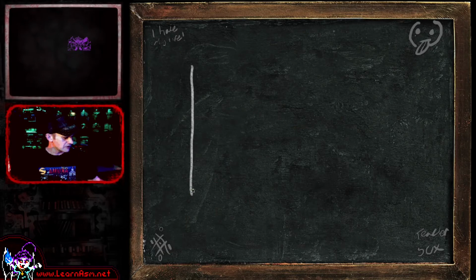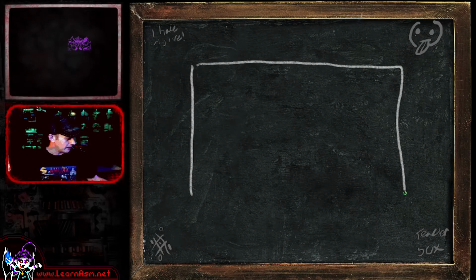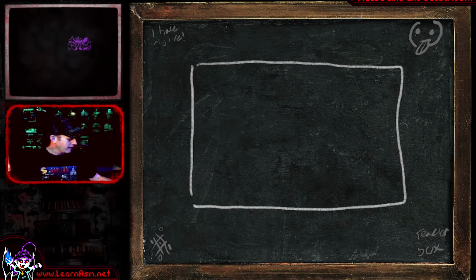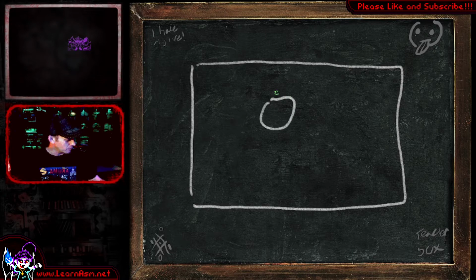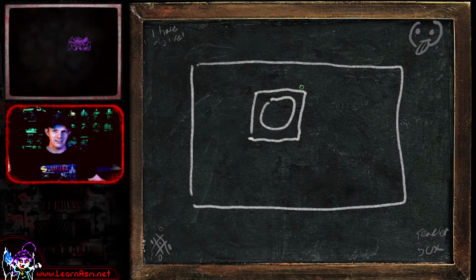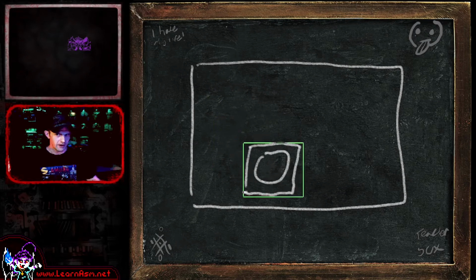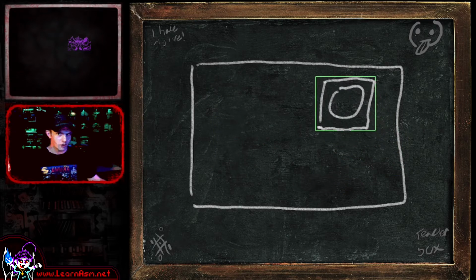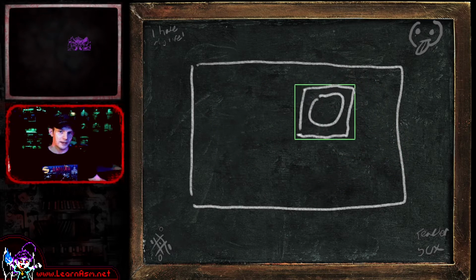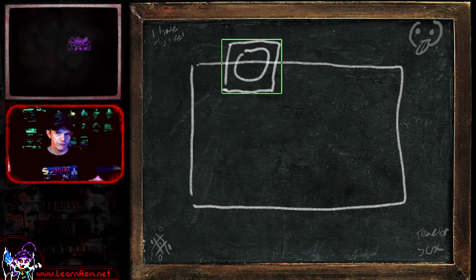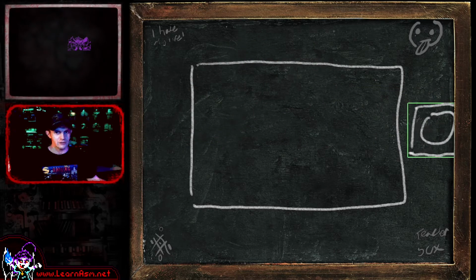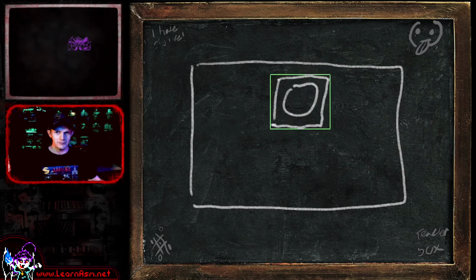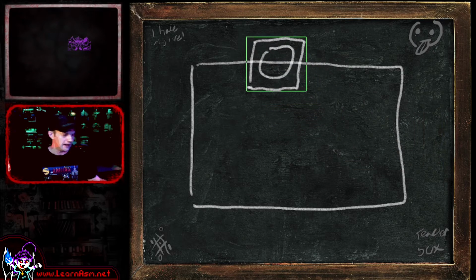If we imagine our screen as being something like this, but maybe a bit better drawn, and then we've got some kind of sprite which we'll draw as a circle here, of course our sprite graphic is in a square or rectangular area. Our sprite in our previous example was able to move around the screen provided it was always on the screen, but this time we're going to allow it to go partially off the screen, or even entirely off the screen. And so we're going to need to make some calculation differences depending on where it is.